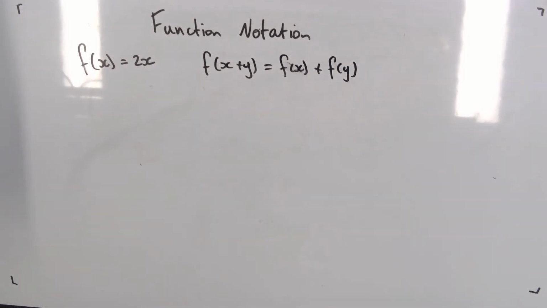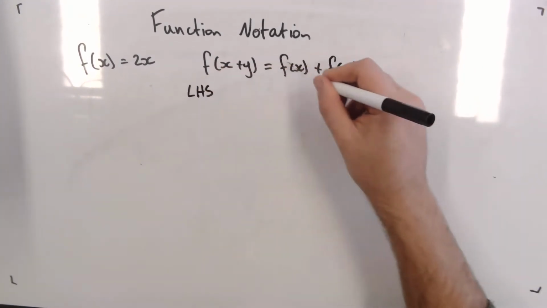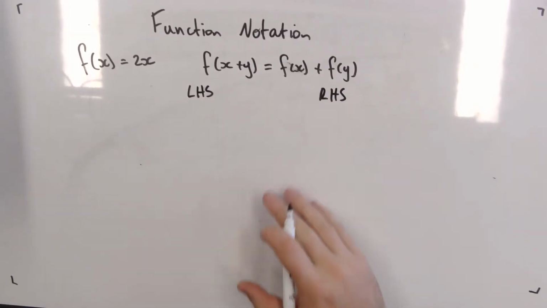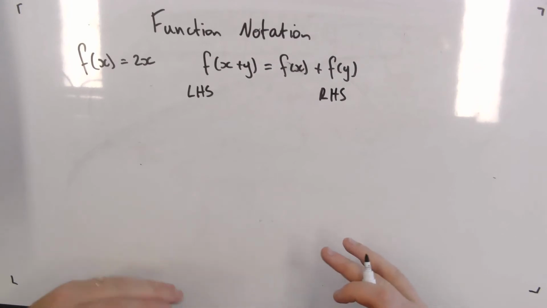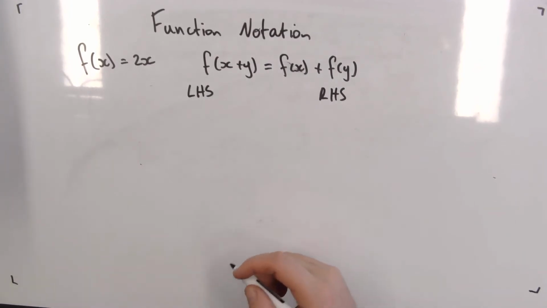Now the easiest way to go about this is setting it up with left hand side and right hand side for your equations, and manipulating one or the other or both until you get things that are equal or not equal, depending on what the question is actually asking.